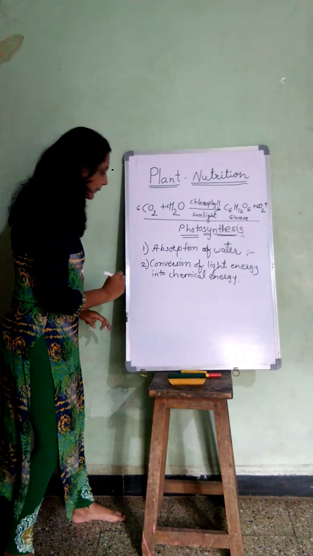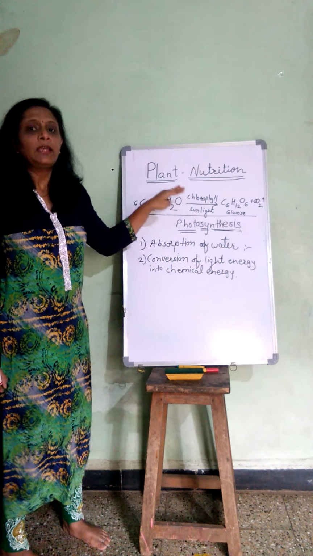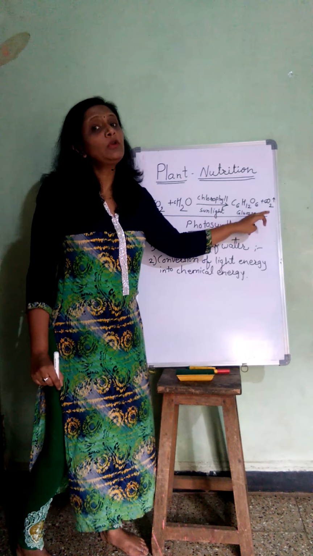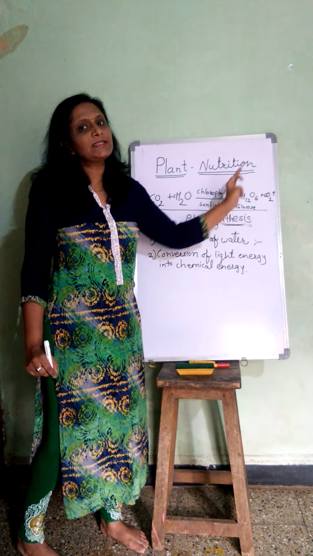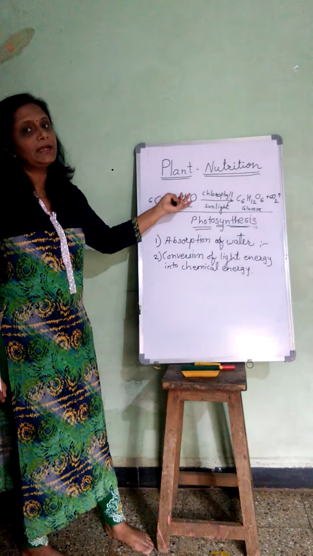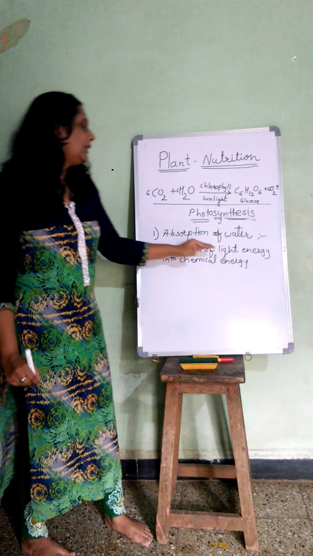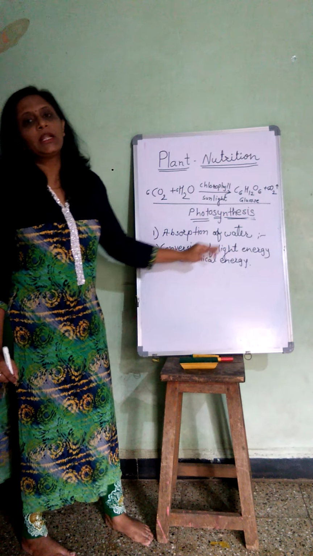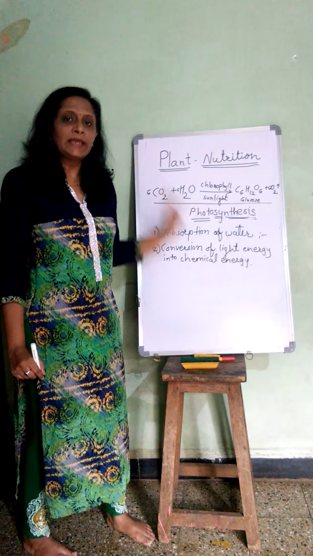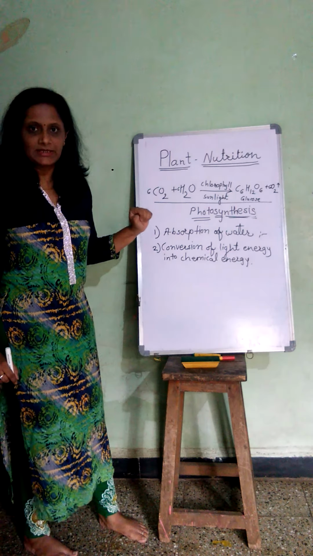And here what happens actually is the light energy, that is sunlight, is utilized for the process of preparing the glucose molecule. So glucose is a chemical and the sunlight is the light energy. So here the conversion of light energy into chemical energy takes place. So that is the second step in the process of photosynthesis.